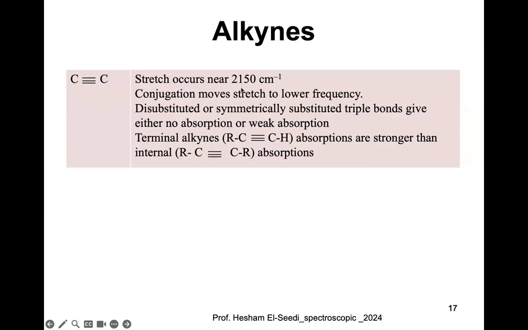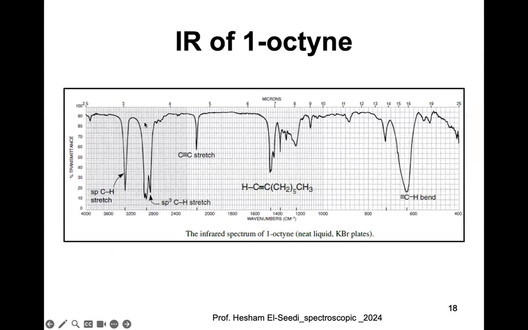And only one peak in this case. Like, for example, here, C triple bond C, you will see its stretching here. But of course, you will see the bending as well of CH, not CC. C triple bond C is only one peak. But if you have hydrogen attached, then you will see CH bending in this region.